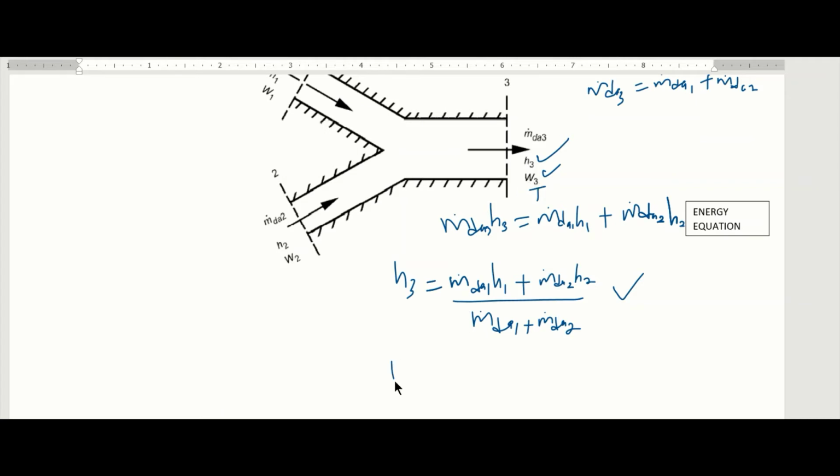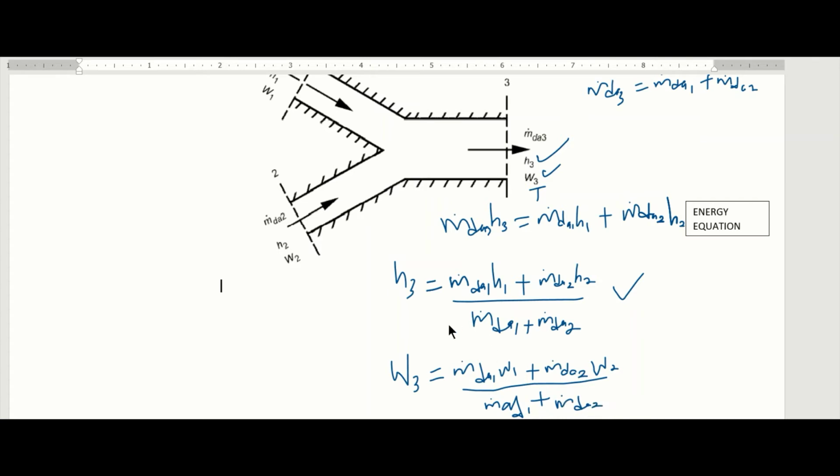W3, which is the humidity ratio, is equal to the mass flow rate at condition 1 times the humidity ratio at point 1 plus the mass flow rate at condition 2 times the humidity ratio at that point, over the mass flow rate at condition 1 plus the mass flow rate at condition 2.